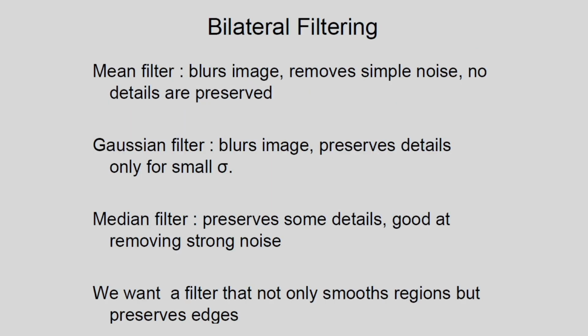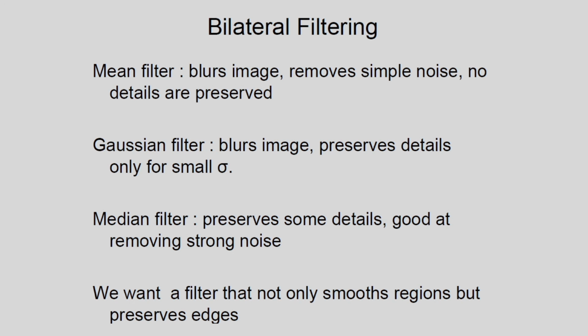Finally I want to discuss another filter, that is the bilateral filter. So what is the bilateral filter? Before discussing the bilateral filter, I want to discuss again the mean filter. What is the mean filter? The mean filter blurs the image, removes simple noise, and no details are preserved.